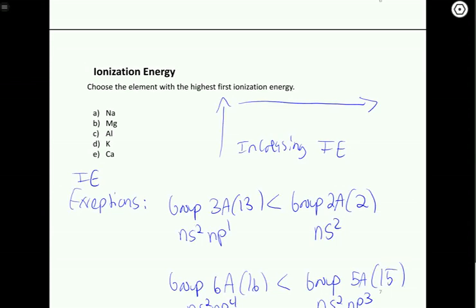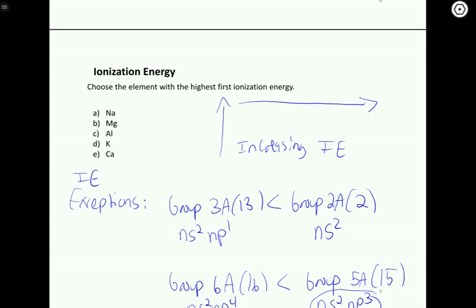So group 5A is anomalously high because of the half-filled subshell. Because again, we have a half-filled subshell for s2p3, so that's a favorable situation, and it wants to maintain that, so it doesn't want to lose an electron. Remember that ionization energy refers to losing an electron.